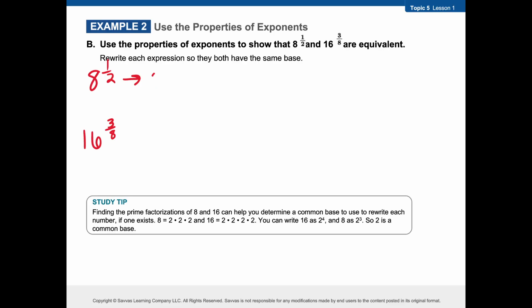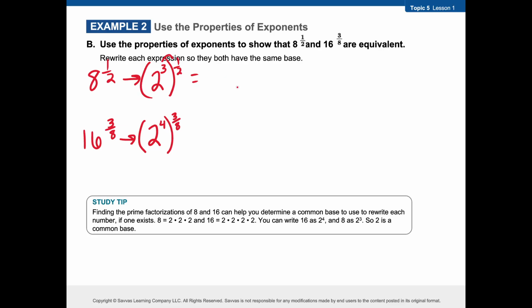Well, they both can have a base of 2, because I can do 2 to the 3rd power. That would give me an 8. And then that number to the 1/2 power. Next, 16 can also be written with a base of 2, but that would be 2 to the 4th power, and then that to the 3/8 power.